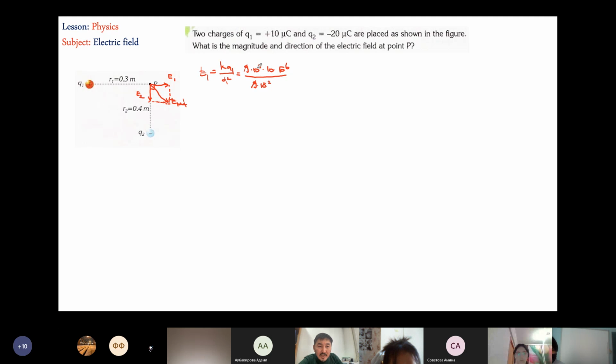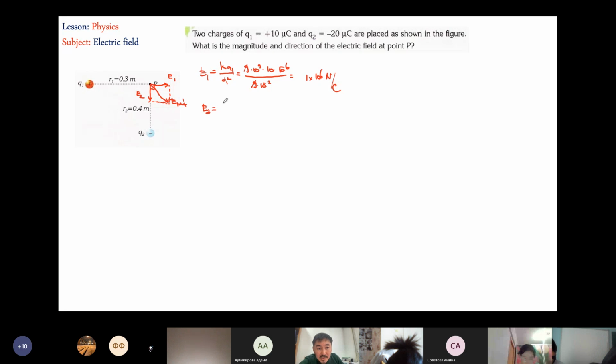And the total field here is 110 times 10 to the power of 6 Newton per coulomb, one million Newton per coulomb, yeah? I have the positive sign, of course. What about the E2?